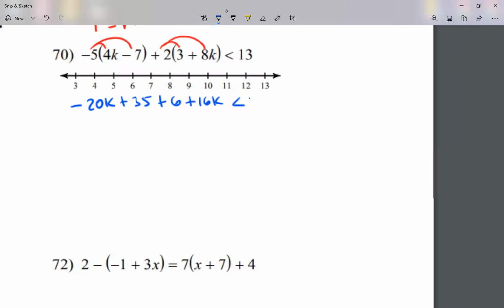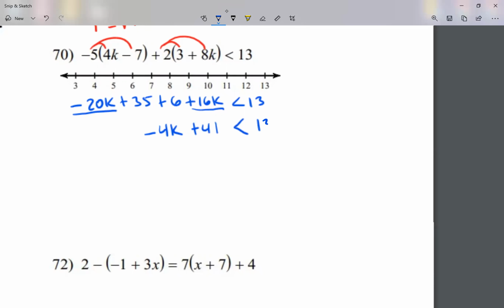This is less than 13. All right, so there's my inequality sign. On the left side, when it comes to letters, combine the negative 20, positive 16. That gives me negative 4k. When it comes to 35 plus 6, I want to call that plus 41.